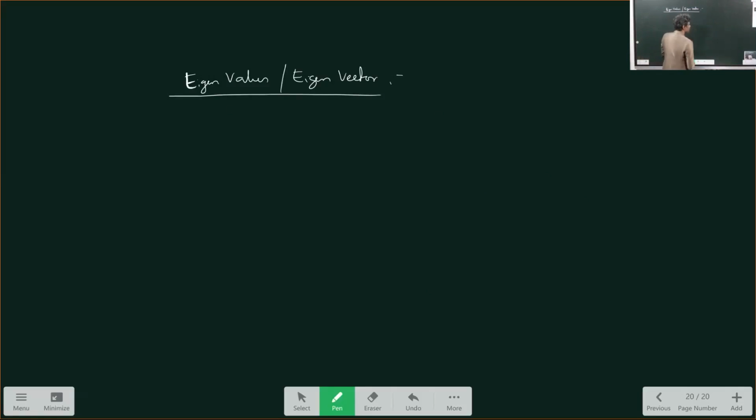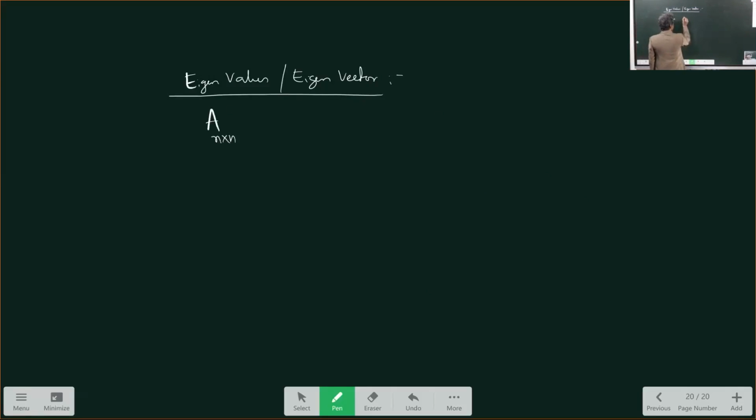So the concept of eigenvalues and eigenvectors. Now, if A is a given matrix of order n, please remember it should be of order n because I need to evaluate its determinant.